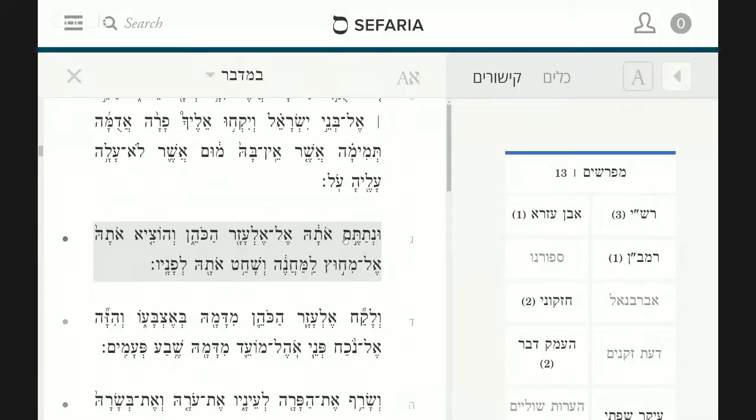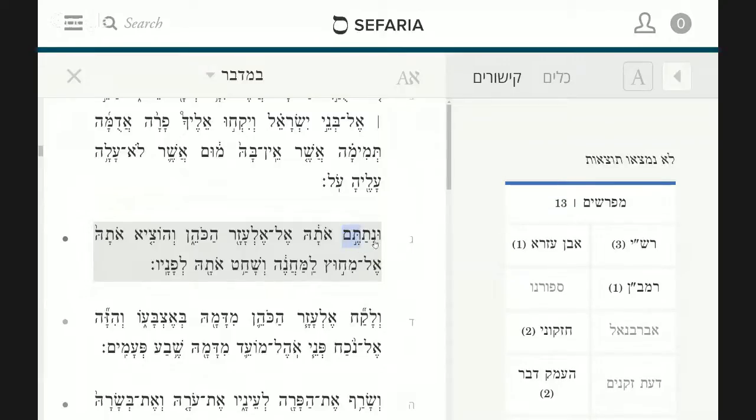So the tem on the end is a part of the verb conjugation, and the root natan means give. You've heard a phrase like noten haTorah, or ani noten lecha, giving. The name Nathan actually comes from this. Natan means he gave.